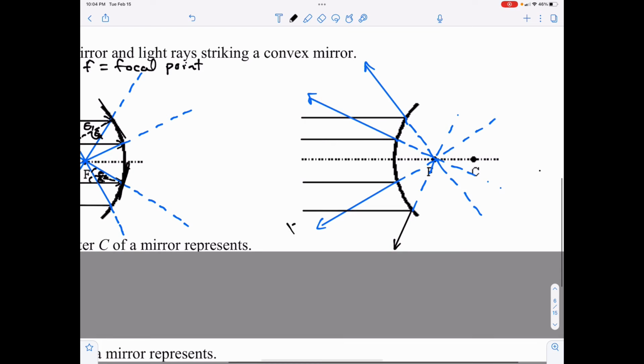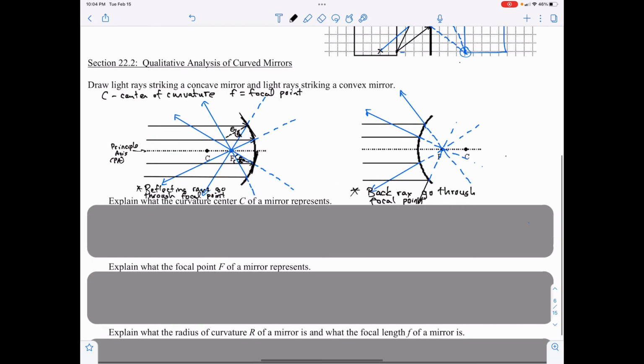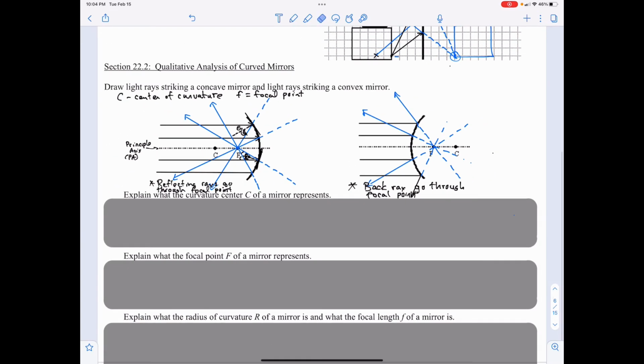For a convex mirror, its back rays go through the focal point. So in both cases, something is passing through the focal point. But for a convex mirror, it's the virtual rays that are happening, not the reflected rays.